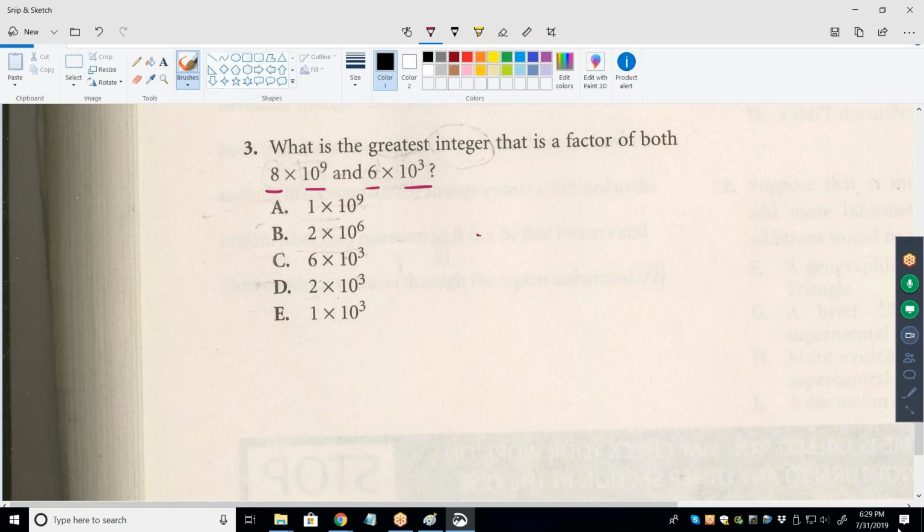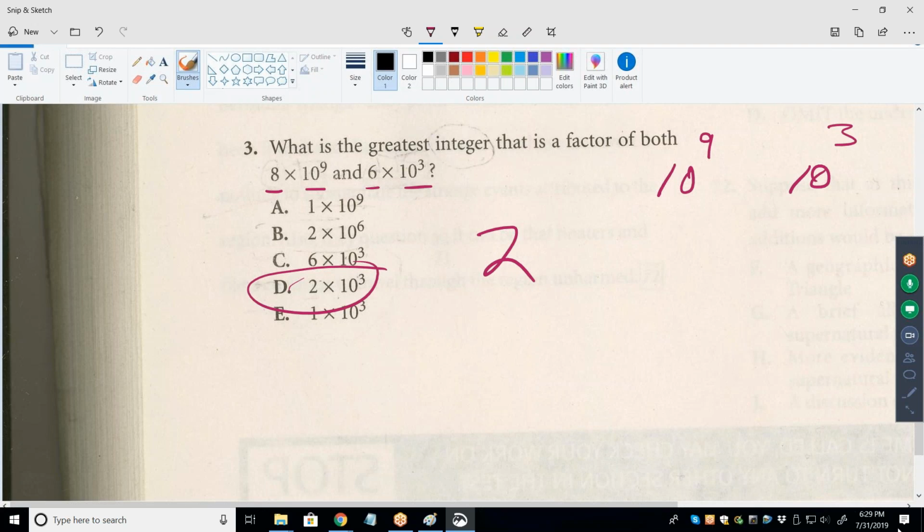Okay, good. Now what's the greatest integer between these two? 10 to the 9th and 10 to the 3rd. Okay, there's your answer right there. 2 times 10 to the 3rd.